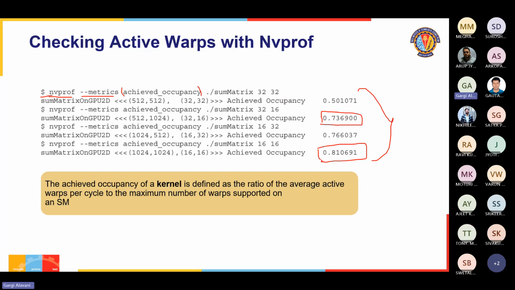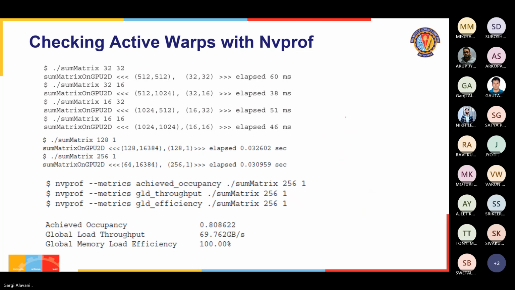Hence, we cannot say that how many threads are active or occupied at a time will alone define the performance of your code. You can further profile it for other metrics.